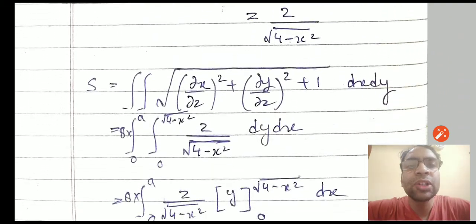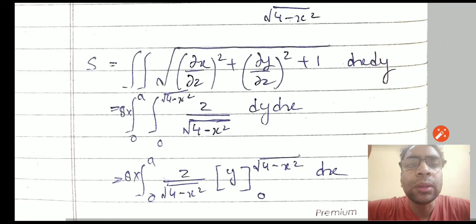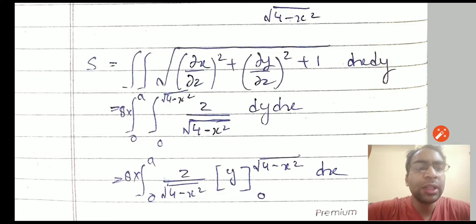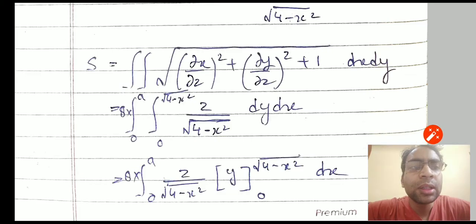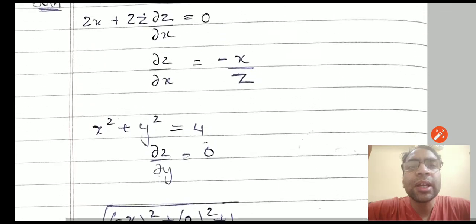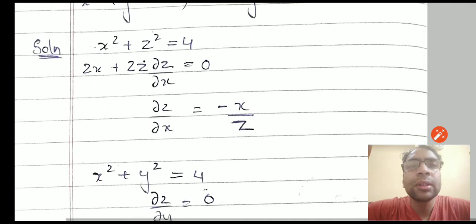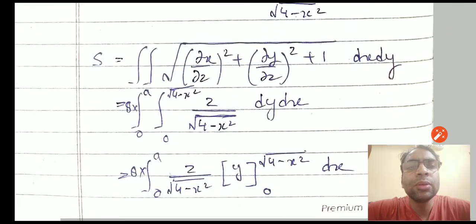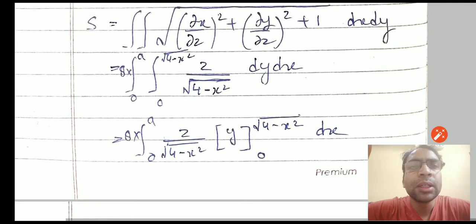Next is x, which can be obtained from the second equation. So x will vary from 0 to a, and here we can keep it 2 also.